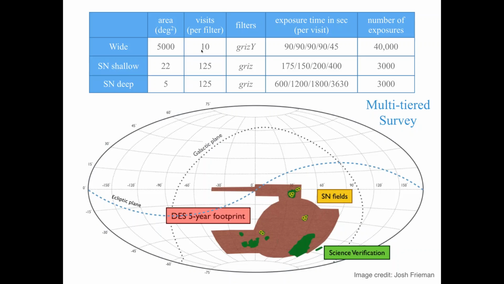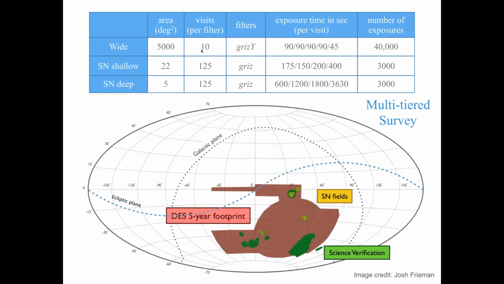The supernova survey has two different levels of depth, the shallow and the deep. The shallow consists of 8 DECam pointings, and you can see them as little circles in the footprint. There are 10 circles total. 8 of them are shallow. We take exposures in griz with exposure times listed there.